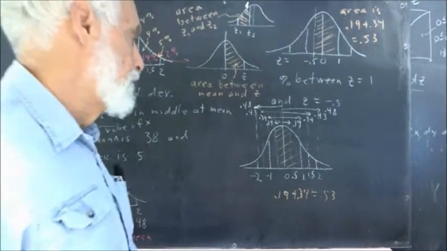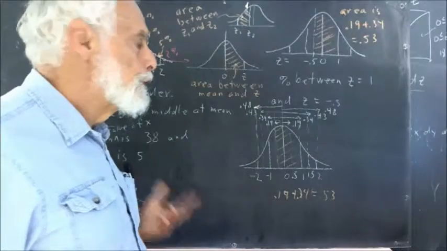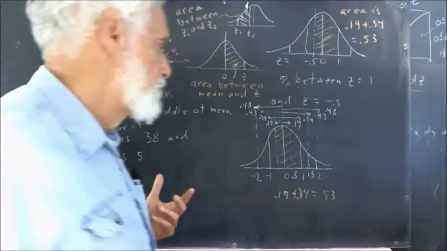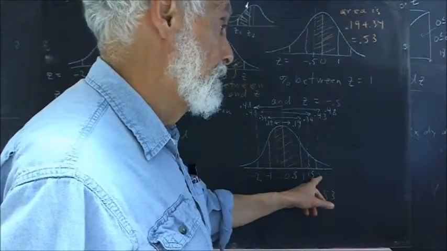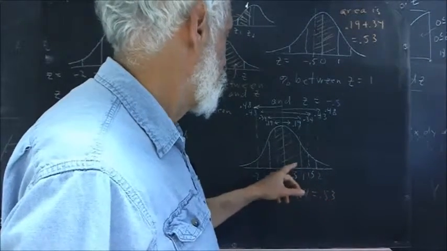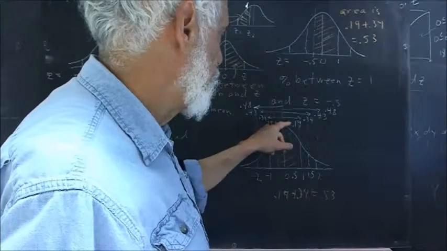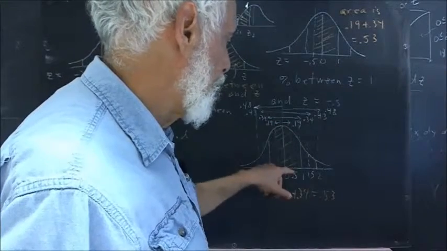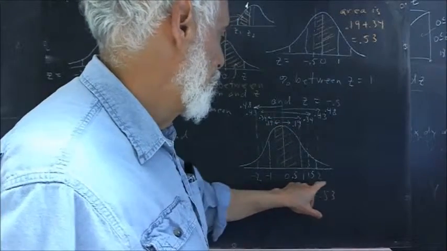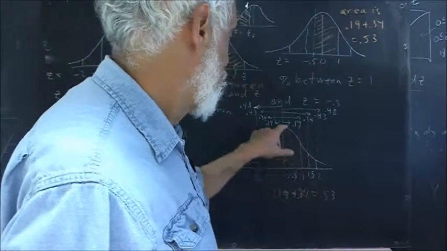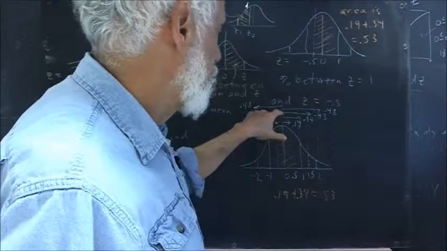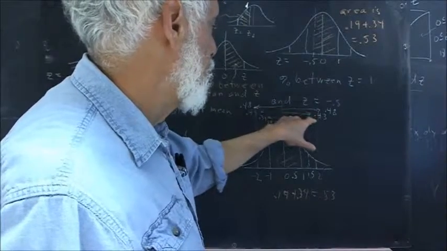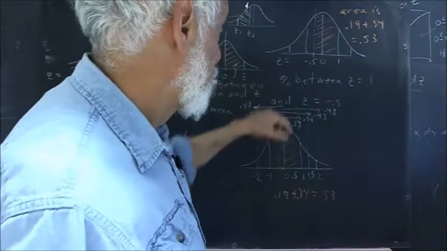Now, if we wanted to get the region between, let's say, z equals 0.5 and z equals 2, well, we'd have to say, from z equals 0 to 0.5 is 0.19. Now, that's not included in the region between 0.5 and 2. But the region between 0 and 2 is 0.48.